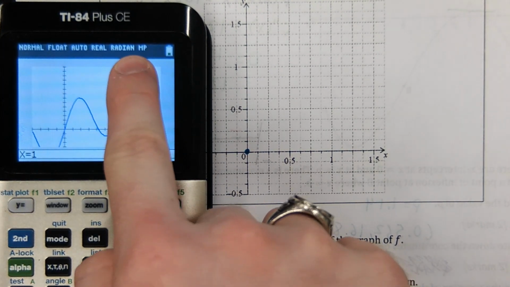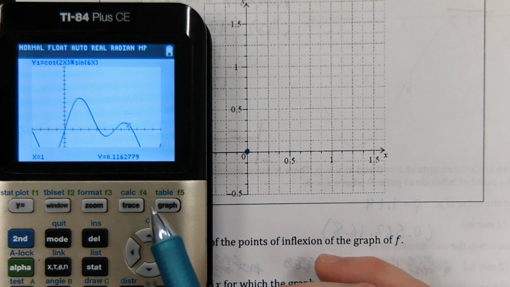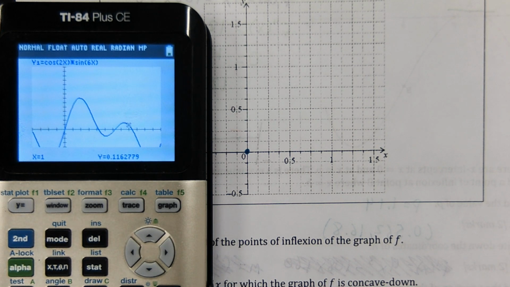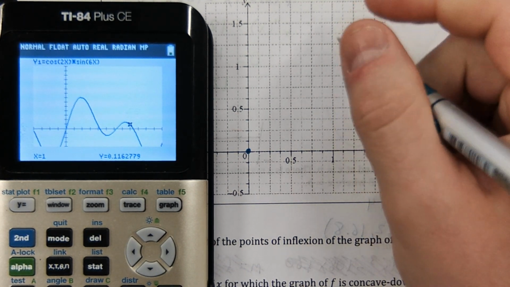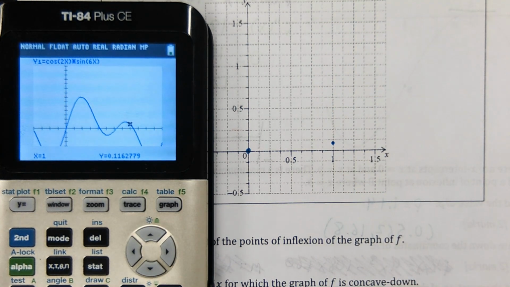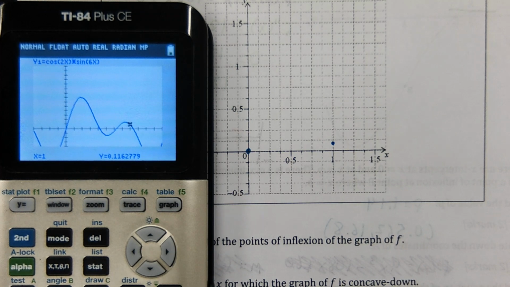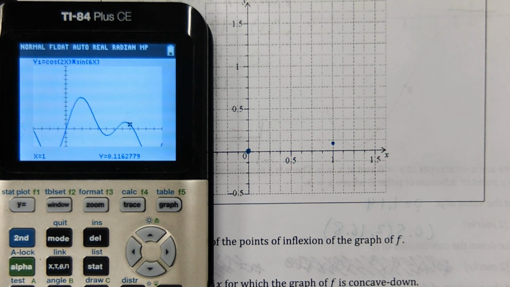By the way, never graph in degrees. Okay, at 1, I'm at the y value of 0.11, which is a little bit less than 0.125, so that's like right here-ish. I'm not going to go to the left of this dot or to the right of this dot. Now I just have to sketch what's going on in between here.